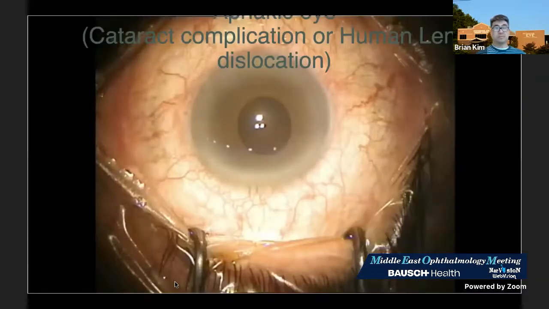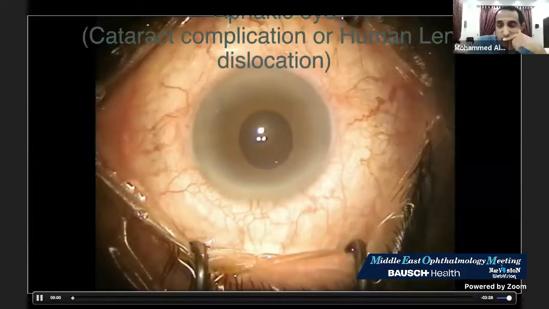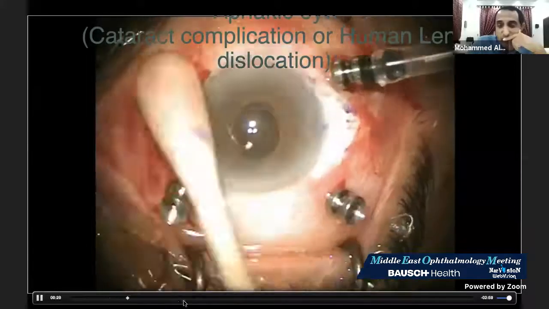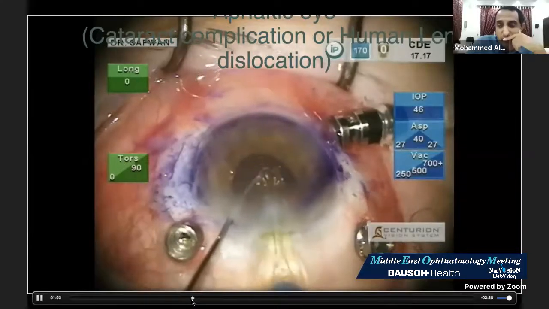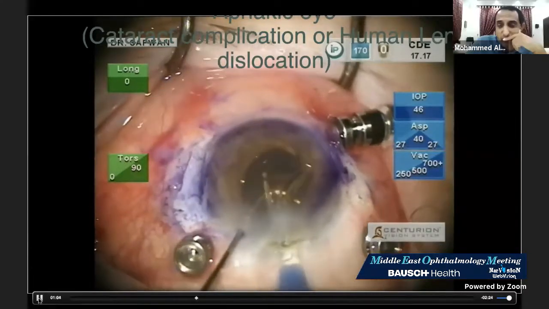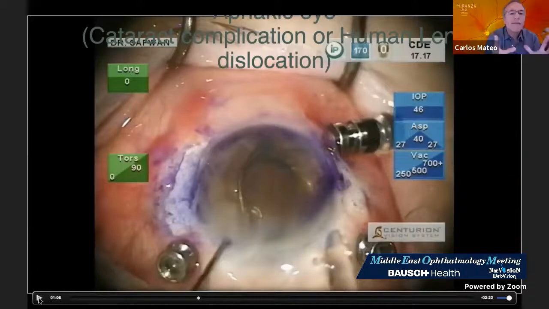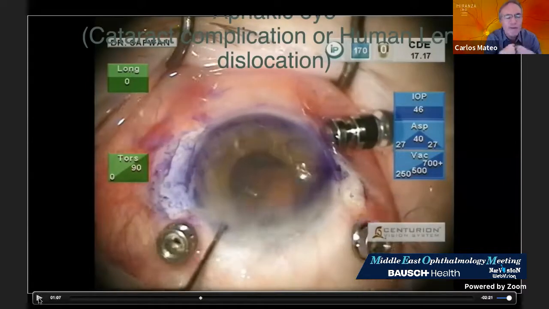Do you use the pars plana trocar instead of paracentesis, or MST forceps introduction instead of paracentesis? Yes. Remember that the cases I've shown are cases where I rescue the same lens, and I use the forceps that I use for vitreoretinal surgery, 23 or 25 gauge.